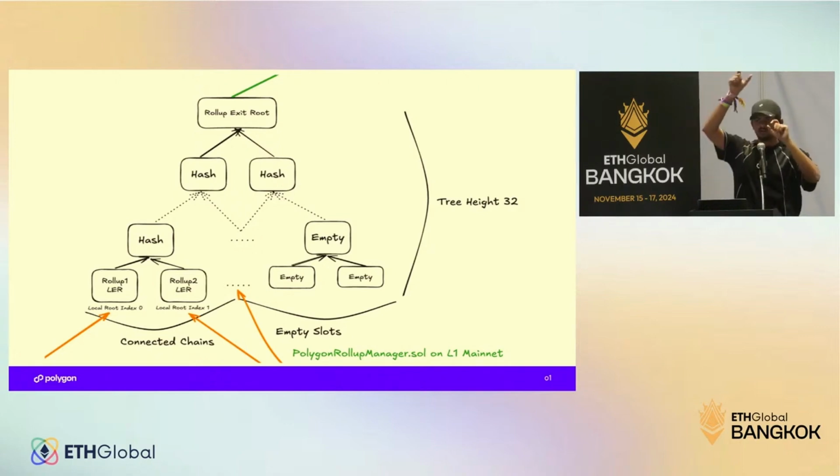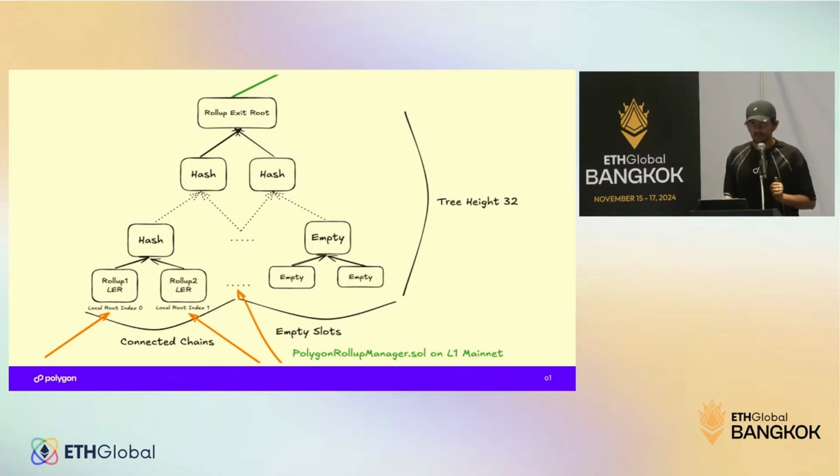But there is only one root, which is called the rollup exit root, and it will update that rollup exit root to get synced with all the data and be updated with the current state of the blockchain. It is in the PolygonRollupManager.sol contract, which lies on L1, that is mainnet. And this again is just a rollup exit root.